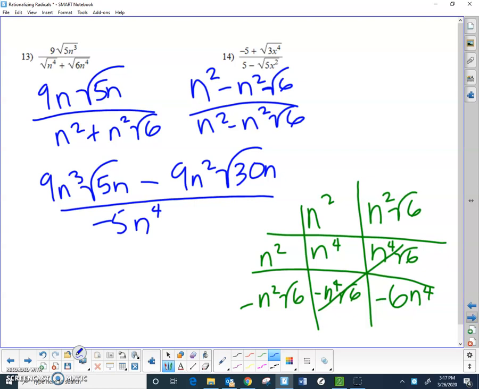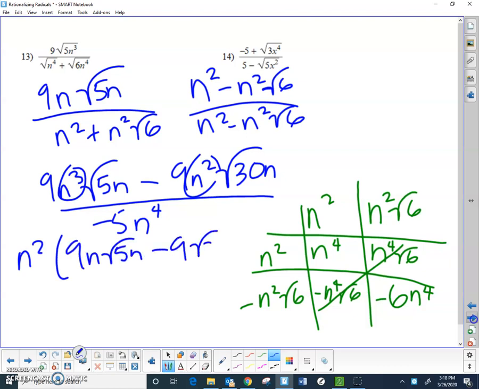All right, I can simplify this. You notice I've got n squared and n cubed. So if I pull an n squared out of there, I'm going to cancel. So I pull an n squared. I've got 9n square root of 5n minus 9 square root of 30n. If I pull an n squared out of the bottom, I've got minus 5n squared.